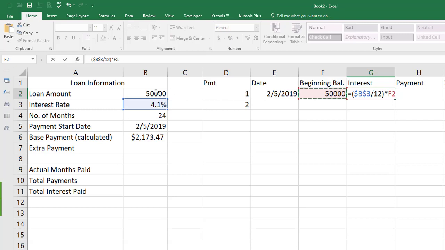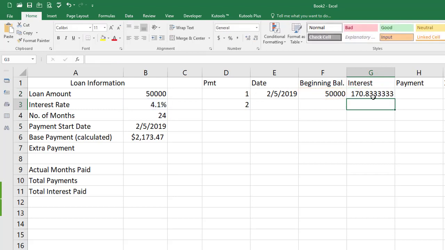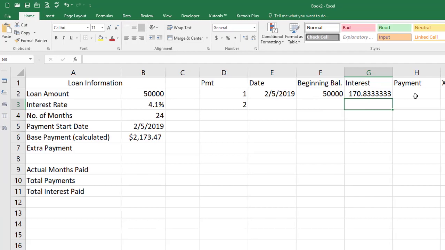Notice that I'm not multiplying it by the loan amount input on the far left, because that number is going to stay the same, but the beginning balance will reduce over time. So I want my interest to be calculated on the beginning balance for a particular payment row. And I can see for my first payment, the interest is going to be just over $170. Now I know my payment is like $2,100, so the interest payment alone will be $170.